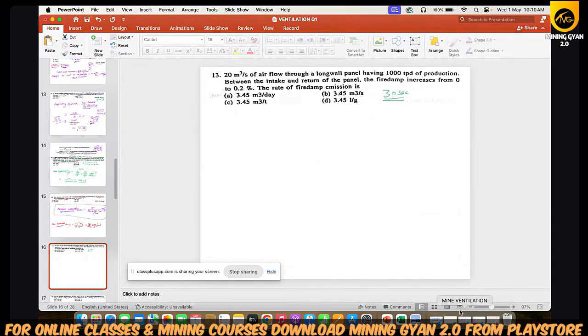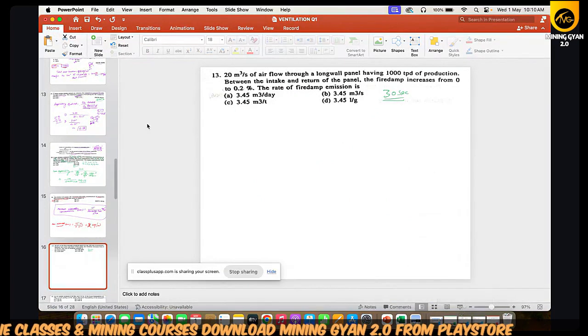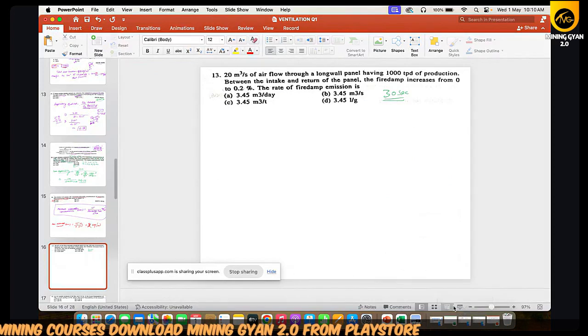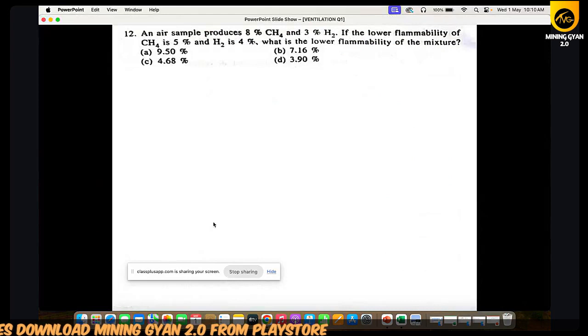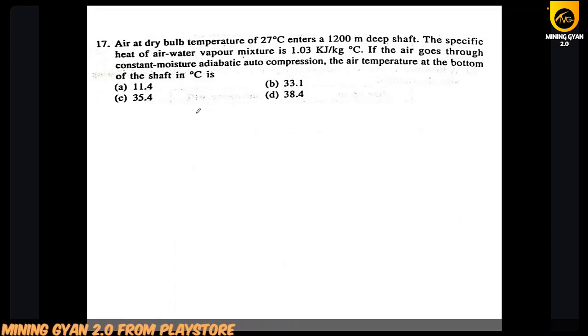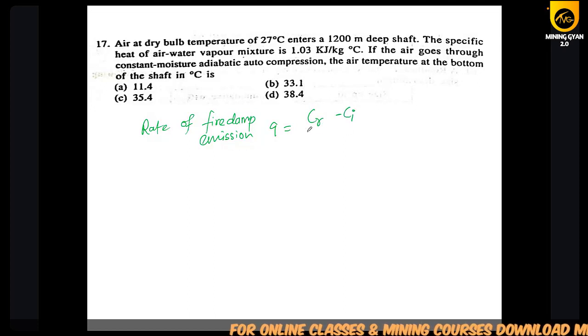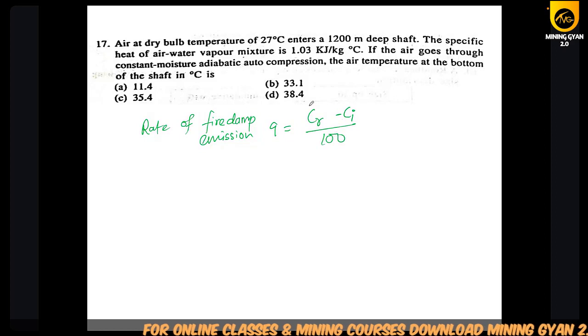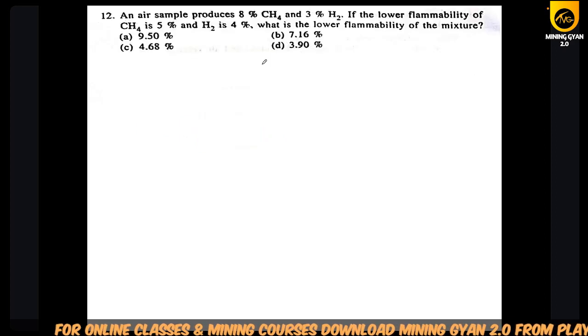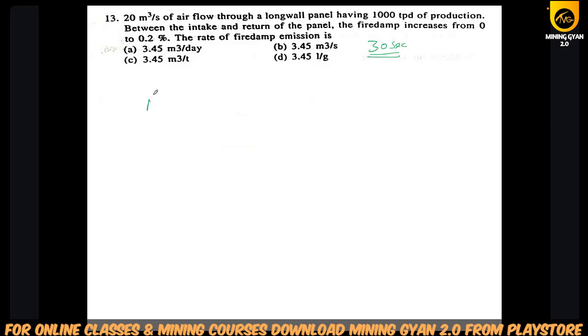In the 13th question, he has asked us the rate of fire damp emission. How can you solve this question? Rate of fire damp emission equals Q into (C final minus C initial) divided by 100.